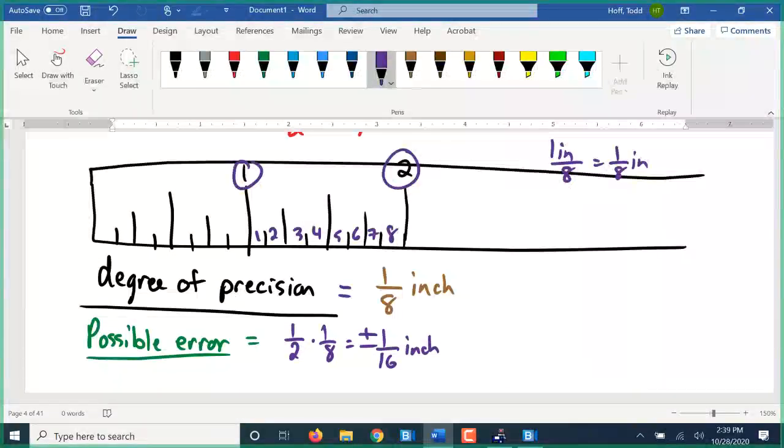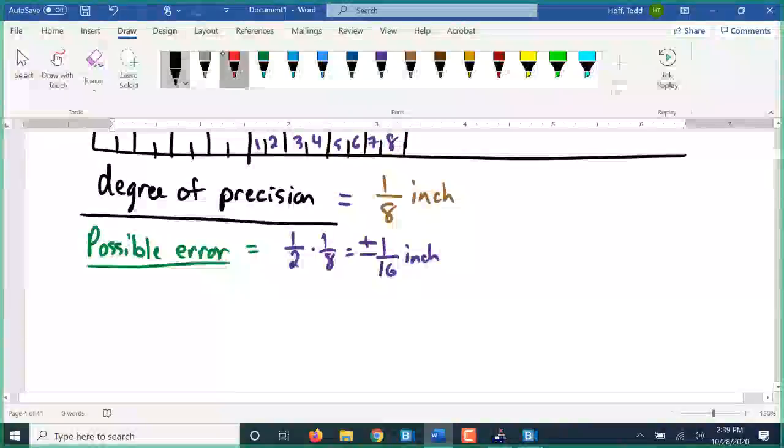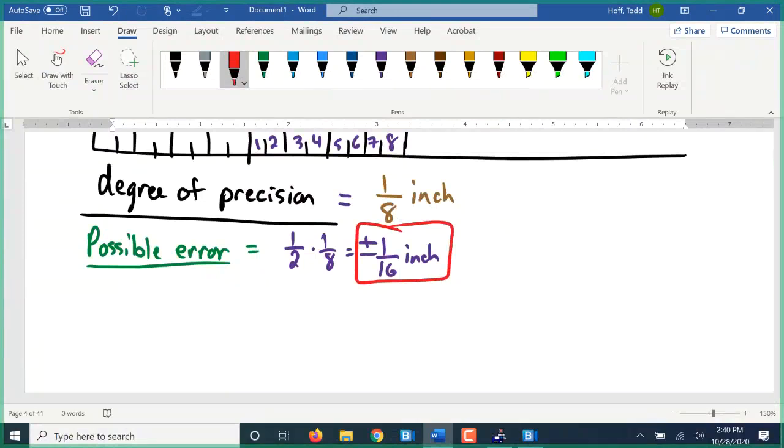So anything measured on this ruler is really only within 1/16 of an inch. Now, because it's only within 1/16 of an inch, it could be 1/16 of an inch smaller or larger than the reported measurement. Every measurement has an implied range.